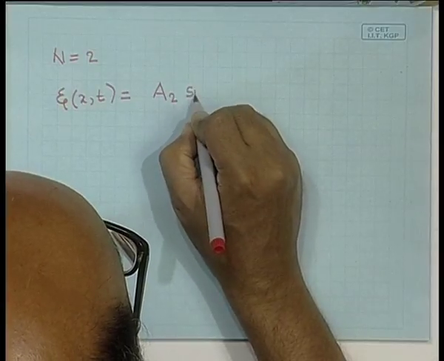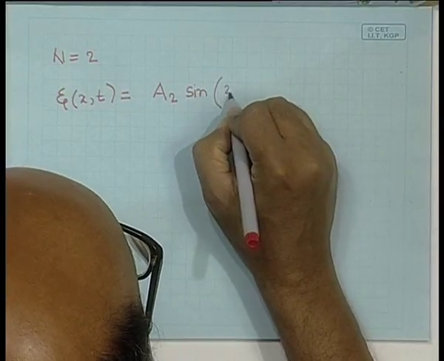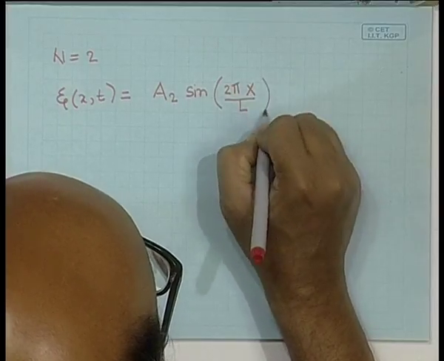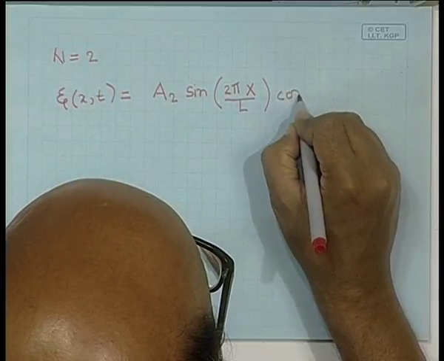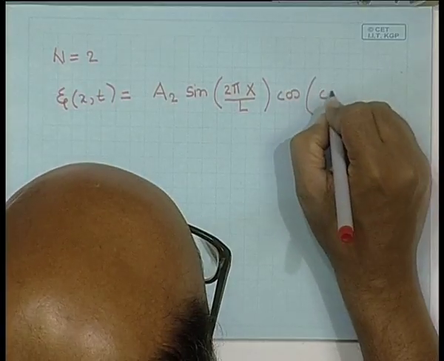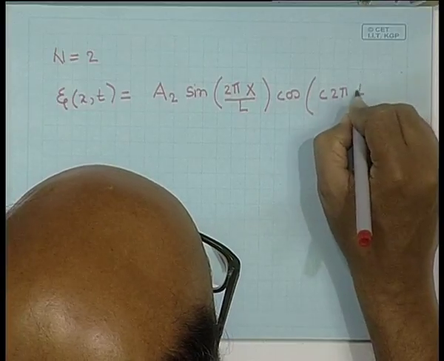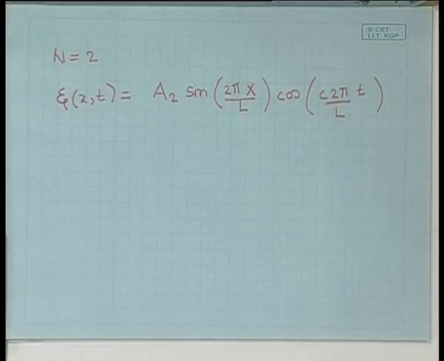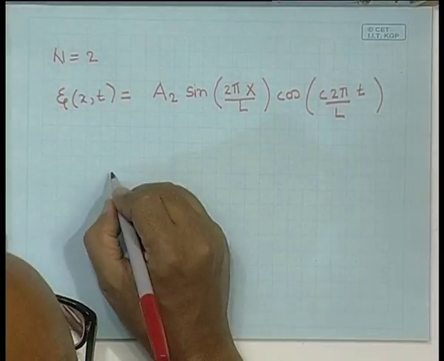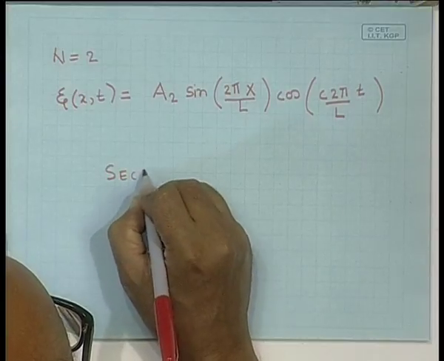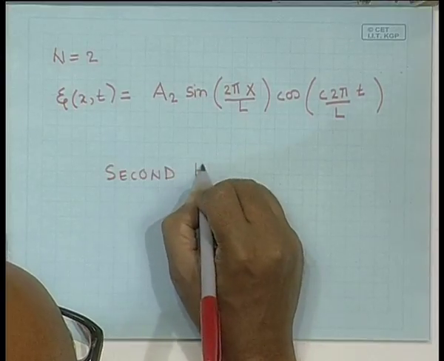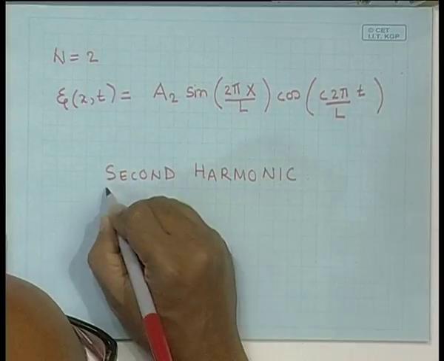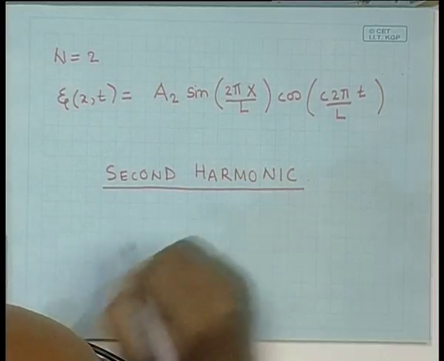Now, I have sine 2 pi x by L into cos c into 2 pi t by L. I have set the phase to be 0. This is called the second harmonic of the vibration or the first overtone.